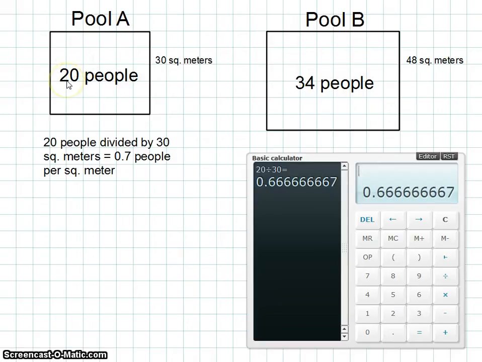We have less than 30, so again, if we're imagining that we place an equal number of people per square meter, it's going to be less than 1, in this case 0.7. Okay.